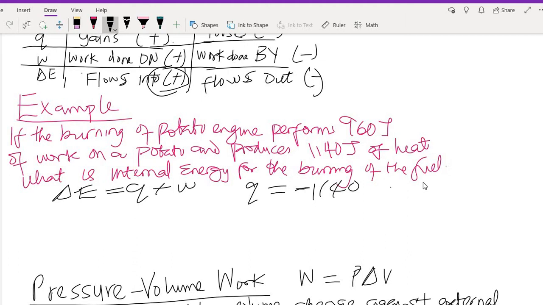960 joules of work is done for W. Because the engine performs work, our W equals negative 960 joules.